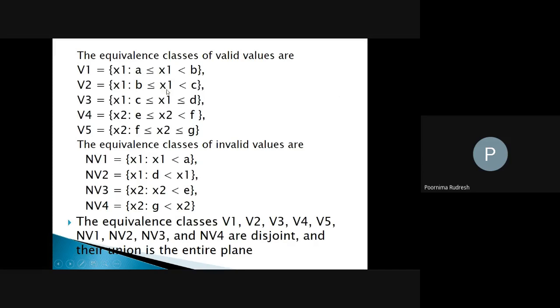Here we have A, B, B, C, C, D, E, F, and F, G. Similarly, here it is less than A or greater than D, less than E and greater than G. No common elements exist in these sets, and hence when we perform the union of v1, v2, v3, v4, v5, nv1, nv2, nv3 and nv4, this results in the entire set. I explained that in the last slide, right?